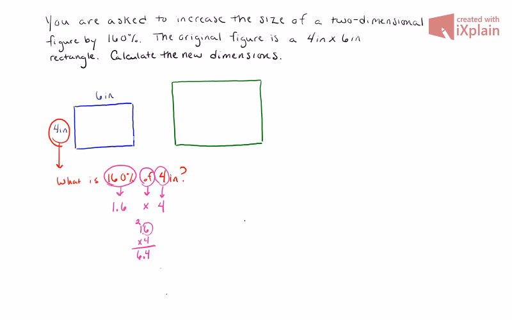So now I know that 160% of 4 inches is going to be 6.4 inches. It is important to not forget those units, especially if you are working with a word problem. Make sure that you include all those details so that the picture you are explaining is completely filled in, with no guesswork left for the reader to figure out.